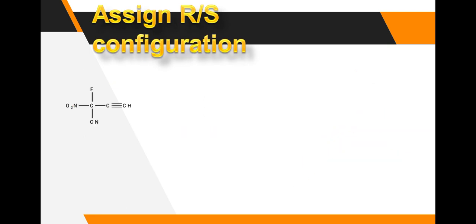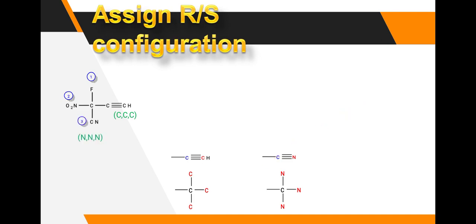Okay, then these are the different examples. Give the priority. Fluorine having highest priority, then NO2, then C triple bond C, then cyanide. Okay, these are the different ones. So first give the priority sequentially. Then fourth priority is C triple bond CH.